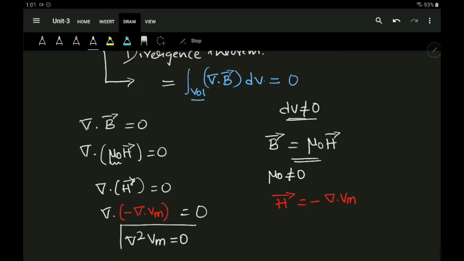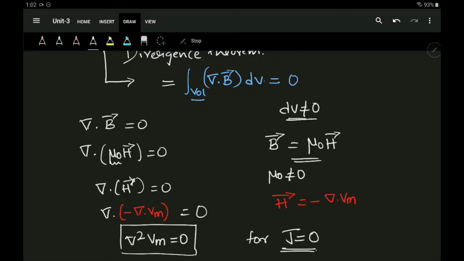So this is my Laplace equation for the current density equal to 0, only for the source free region.